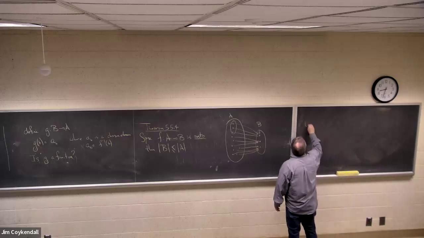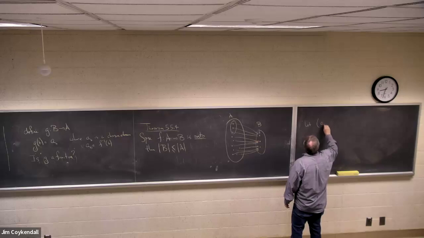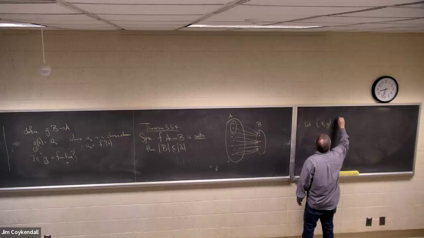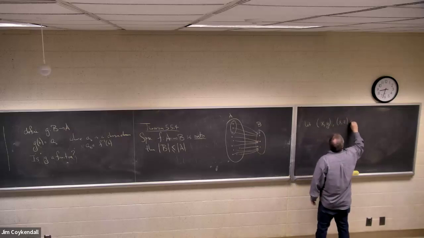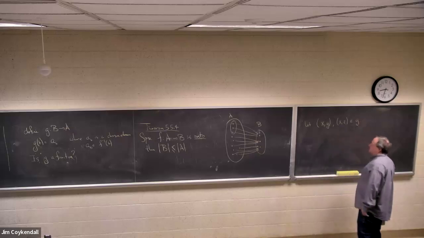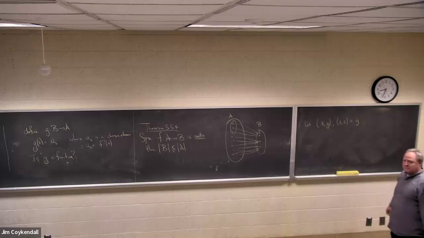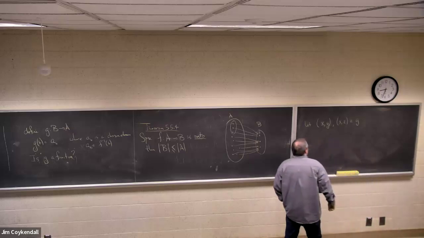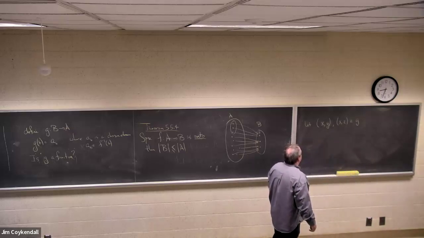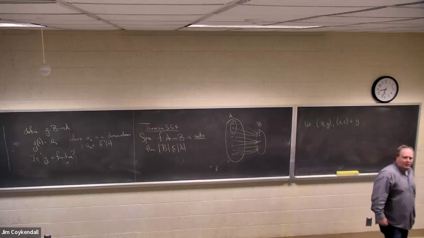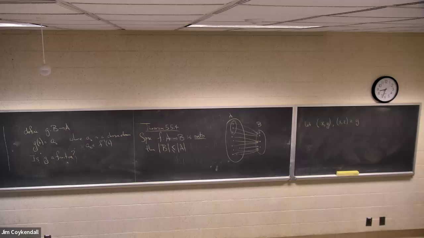So let (x, y) and (x, z) be in G. I need to prove that y is z. So how do I move forward here? I need to show that G is a function, right? I need to show that y is z.